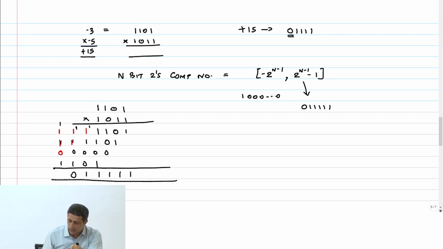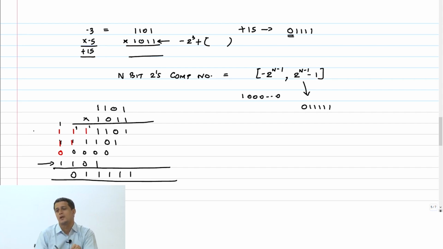In the sense, this last partial product, we said is 1101 because we are multiplying with a 1 there. But that's actually a minus 1. See, this number here is minus 2 power 3 plus something. So when I am multiplying by the MSB alone, it's actually a negative number.